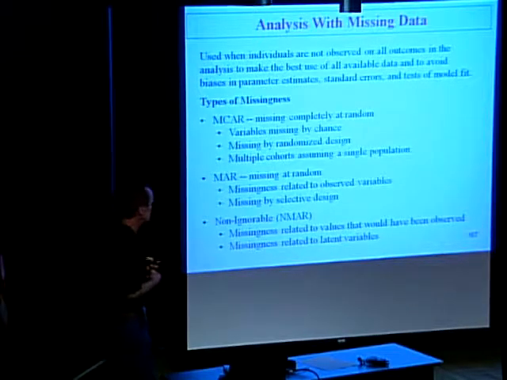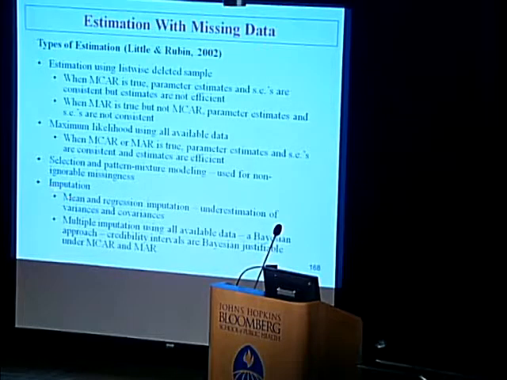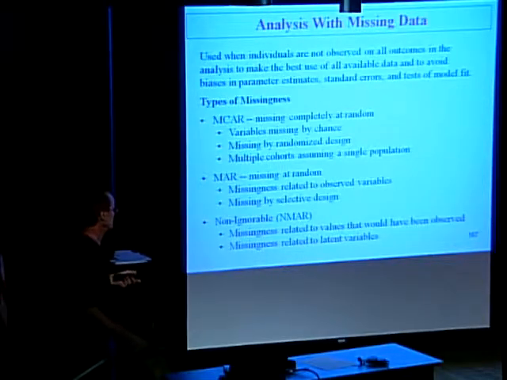I'm also going to tell you a little bit about imputation, which is another approach to missing data. It means calculating, estimating values for the missing data. So estimate each person's missing data. That's an imputation. And you can do that with various techniques.